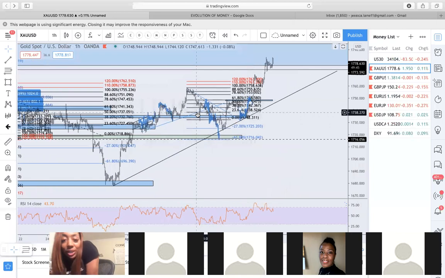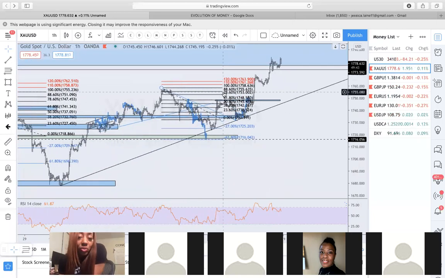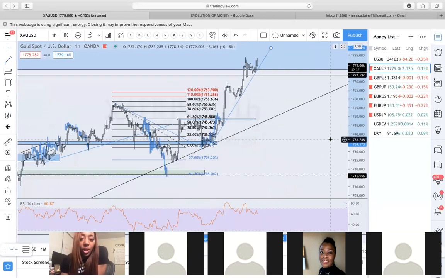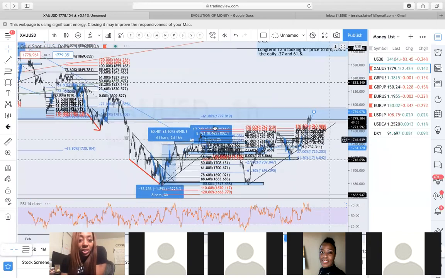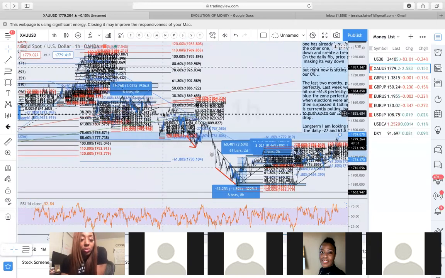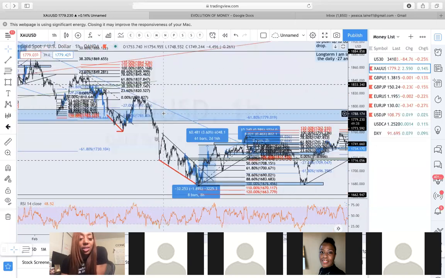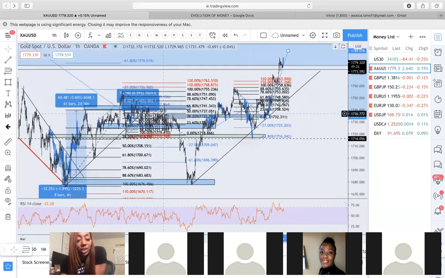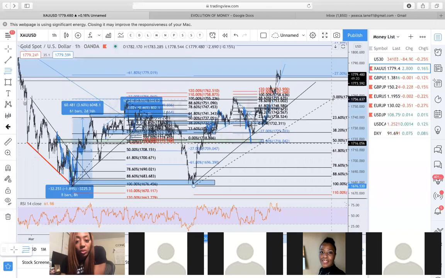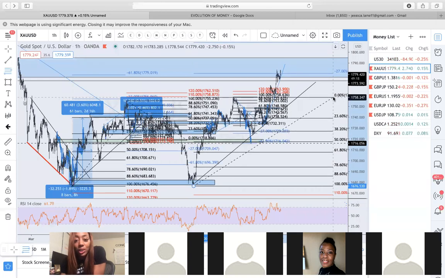All right, so where gold is, I have a sell for gold for the week, but draw a trend line on the bottom of this here. And remember the top range of this gold. So like this whole blue, anytime you see a blue zone, or I'm so sorry that this is a lot on y'all's eyes if you don't understand it. But actually, let me draw a major structure here on this gold. Okay, and we're literally sitting at negative 27 right here.